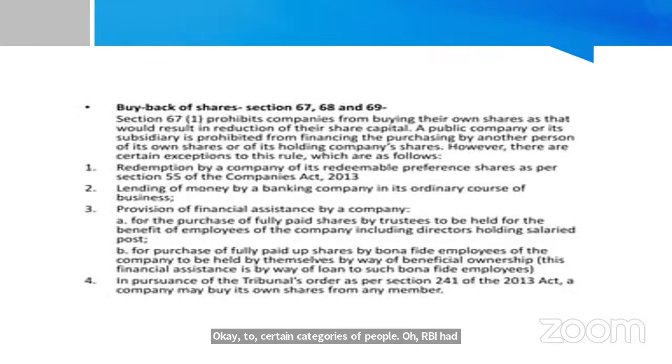So their loans became huge and were almost on the verge of becoming NPAs, non-performing assets. So a moratorium was issued.